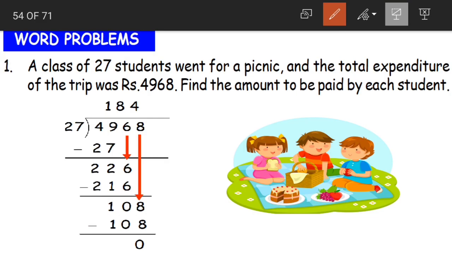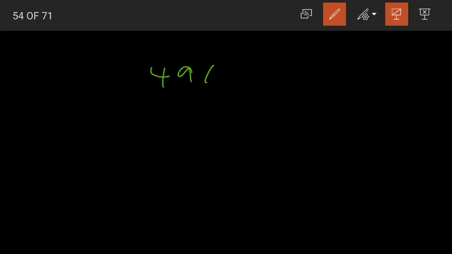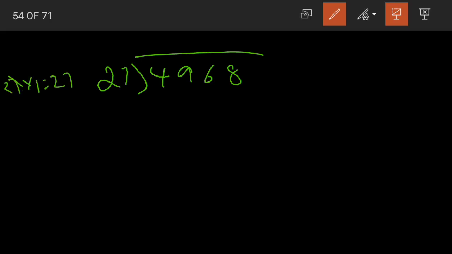It's 4968 divided by 27. But before dividing, what should we do? It is better to write the 27th table on the side. Yes or no, children? So first let us write our 27th table here.